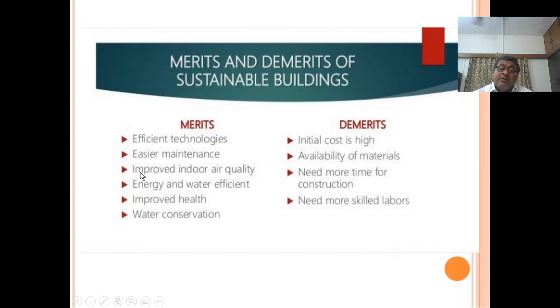Then third merit is improved indoor air quality. Third demerit is need more time for construction. Fourth merit is energy and water efficient. Fourth demerit, need more skilled laborers. The fifth merit is improved health and sixth merit is water conservation. So you can see that sustainable buildings have more merits than demerits.